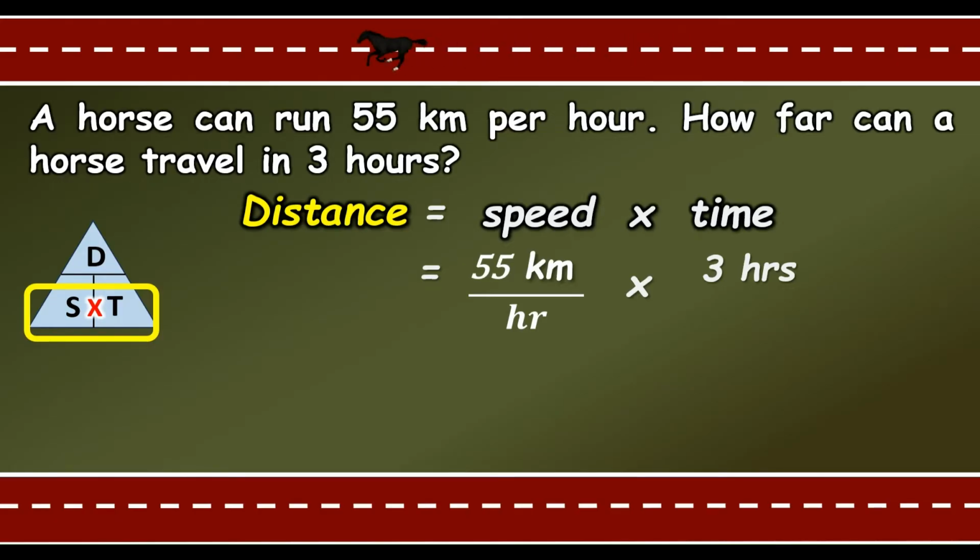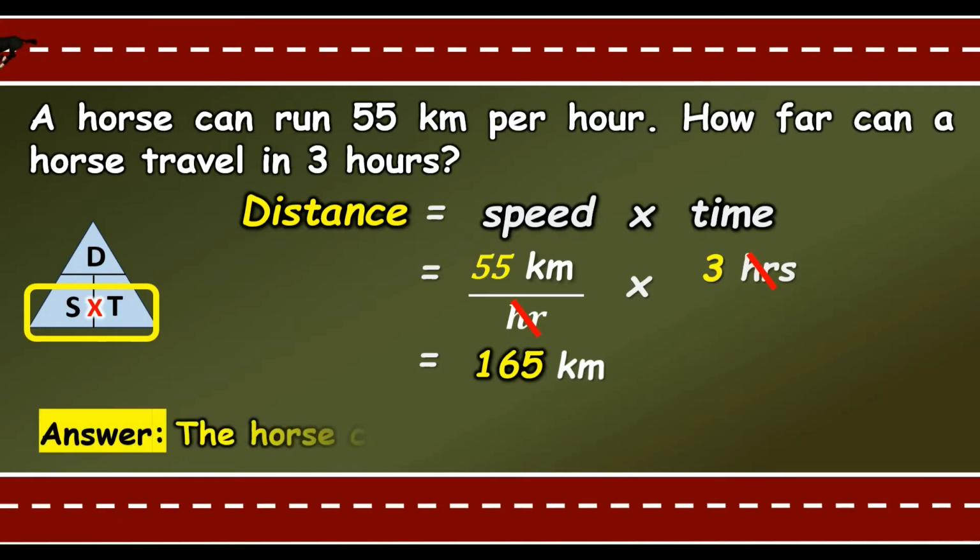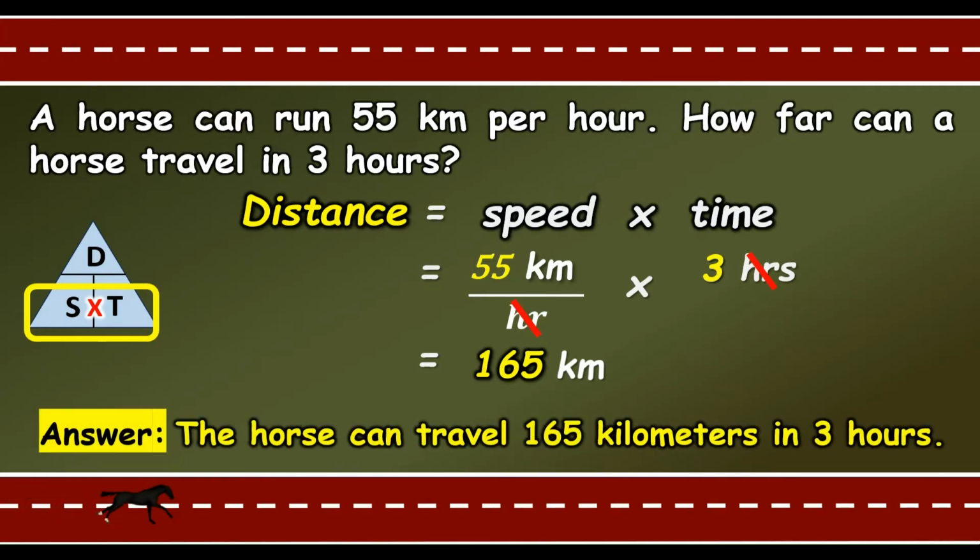Multiply 55 times 3. Yes. 165. Cancel both the unit hours. And retain the unit kilometers. So, the answer is that the horse can travel 165 kilometers in 3 hours.